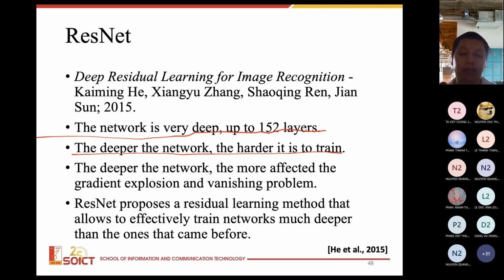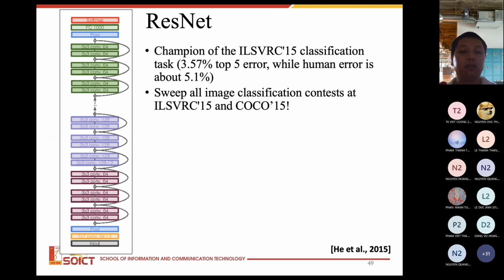So now we will see how ResNet handles the training of very deep networks.